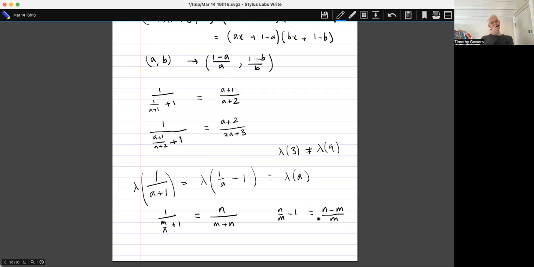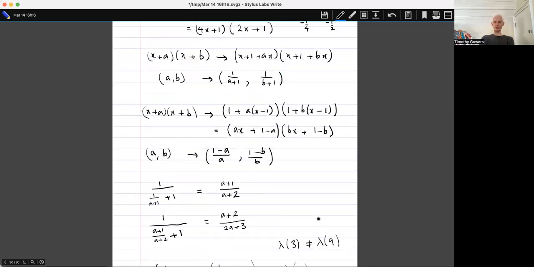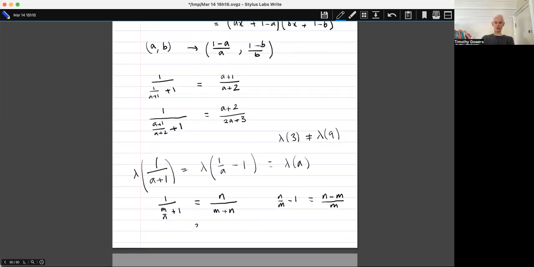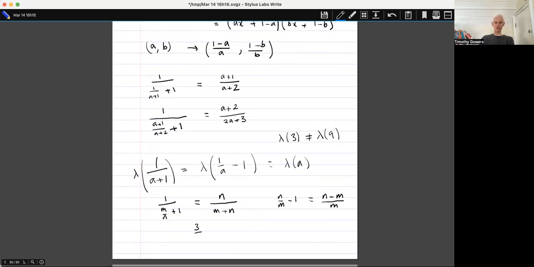But that's, alas, not quite there yet, because when I started with a 3, then 3 is 3 over 1. And in fact, I can write the fraction in its lowest terms, and so preserving the highest common factor doesn't seem to be super helpful.